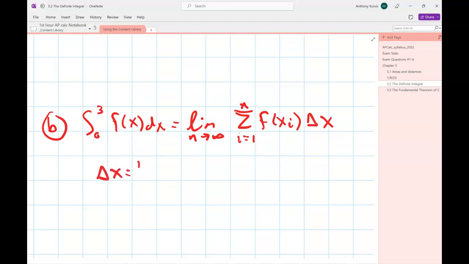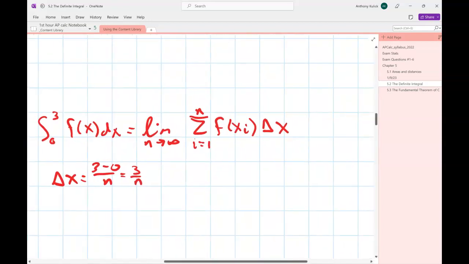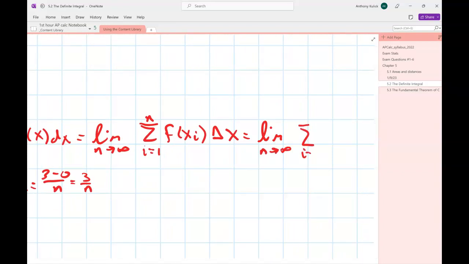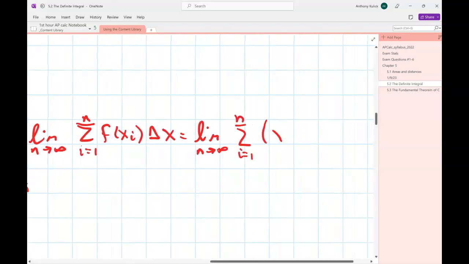My delta x is going to be 3 minus 0 over n, or just 3 over n. And my f of x was xi cubed plus 6xi, and then I have my delta x, which was 3 over n.